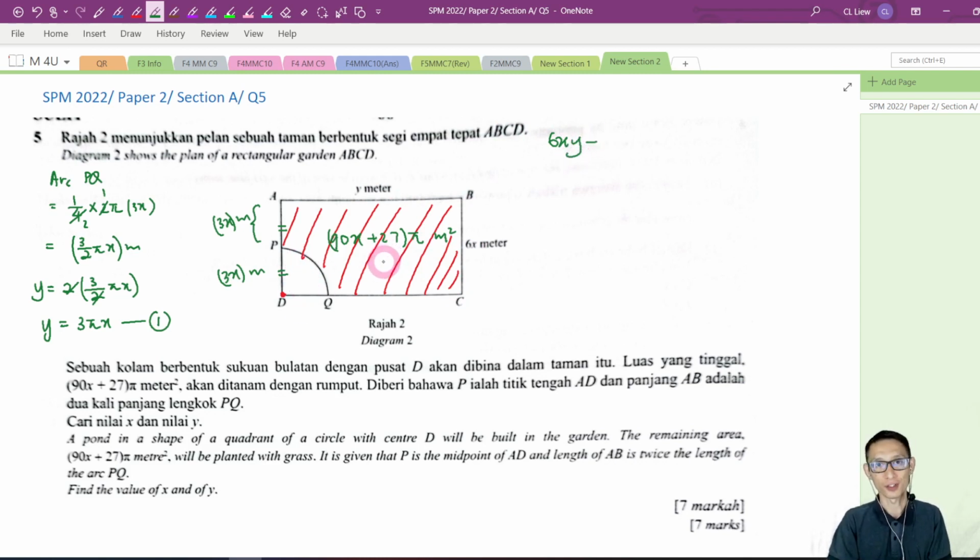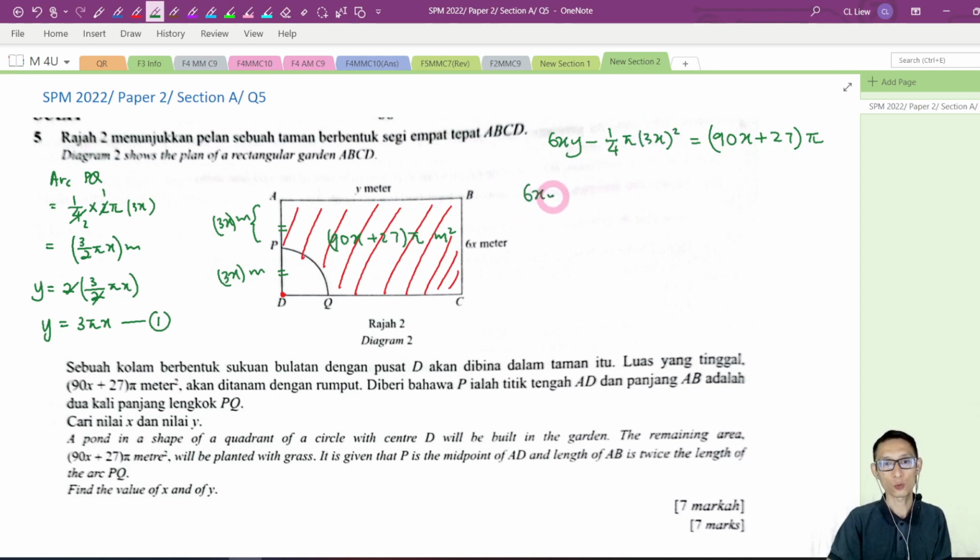So what is the formula for the area of a circle? Pi r squared, right? Because this is a quadrant, therefore we need to times 1 over 4. So 1 over 4 pi r squared. You take the rectangular garden area minus the quadrant, you will get the remaining area, which is given by the question, 90x plus 27 pi. Now let me square this whole thing.